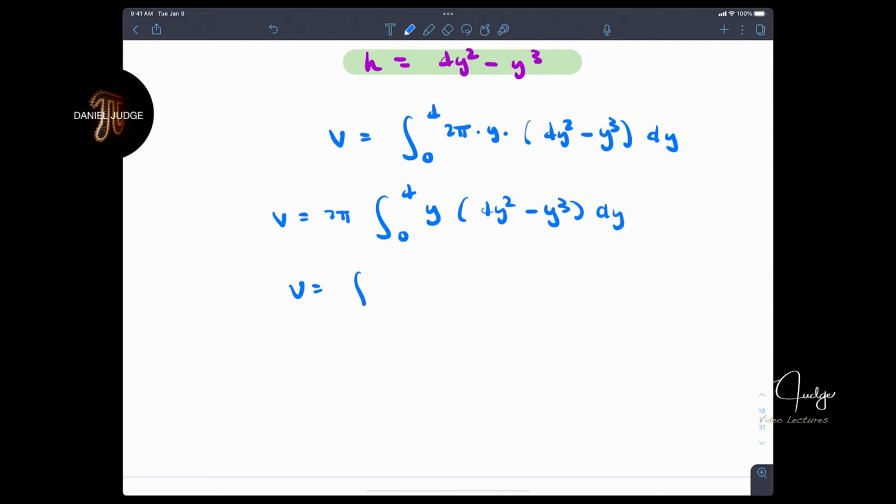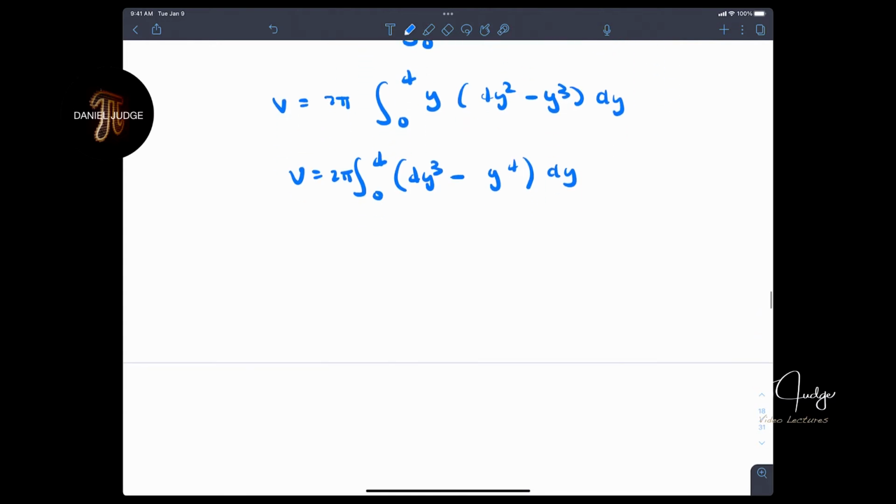And you can actually distribute here: 4y cubed minus y to the 4th dy. And I think we forgot the 2 pi. Okay, 4y to the 4th over 4 minus y to the 5th over 5, 0 to 4.